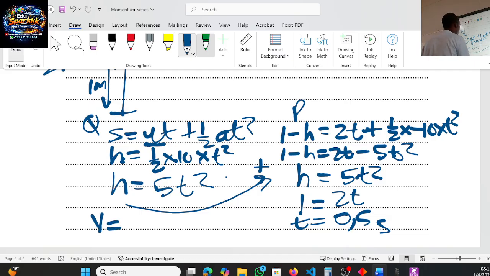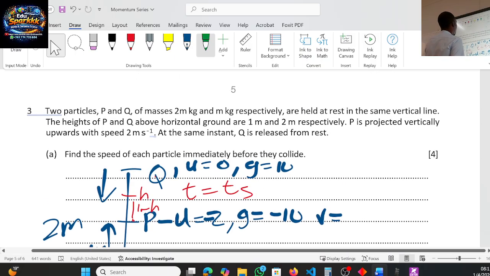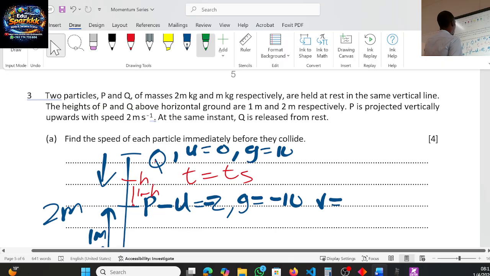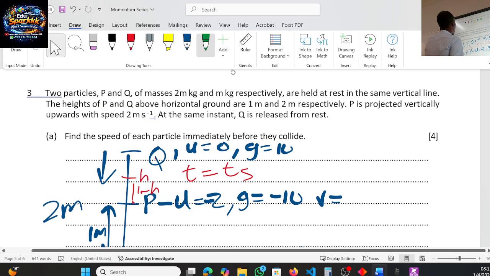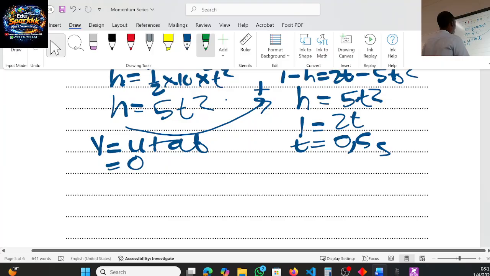So before collision, v equals u plus at. Initially, object Q was at rest. Which object was it? P is the one which is projected vertically, and Q is released from rest. So Q is the one which was at rest.